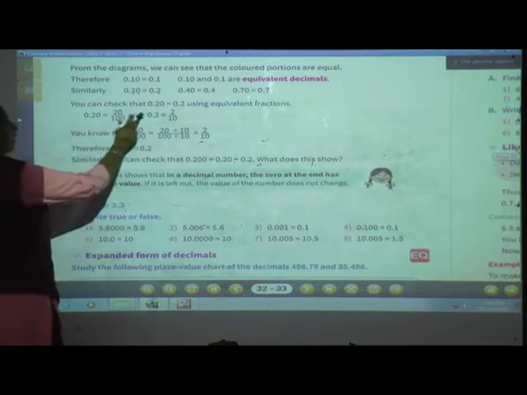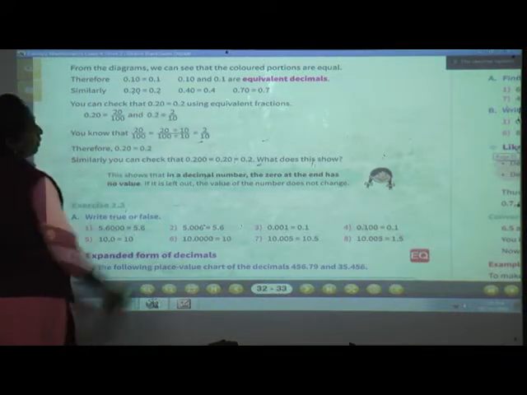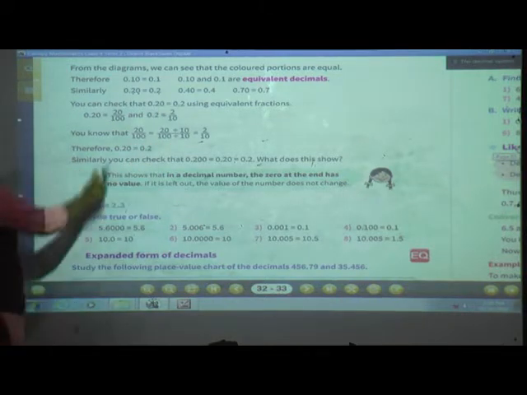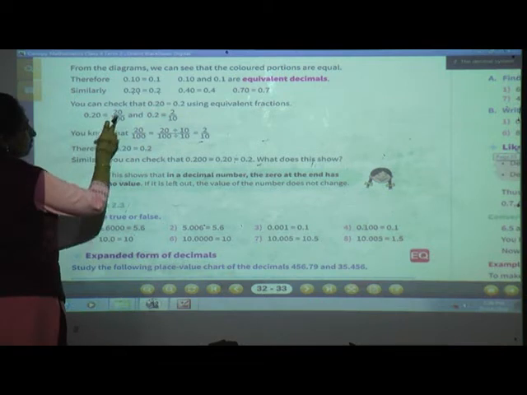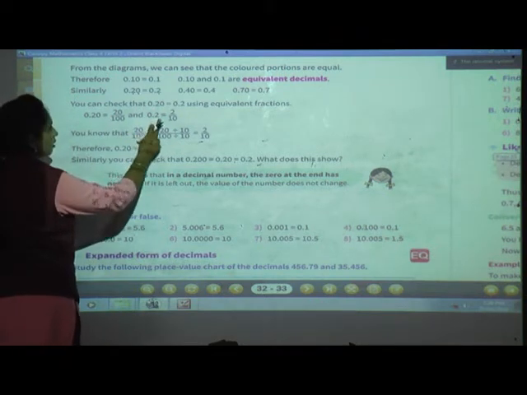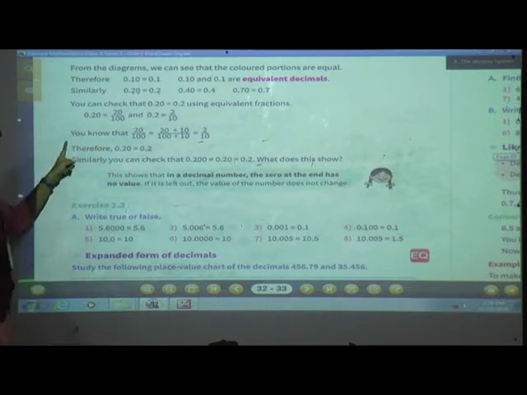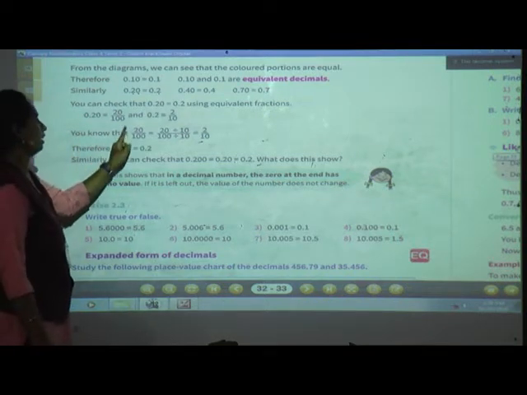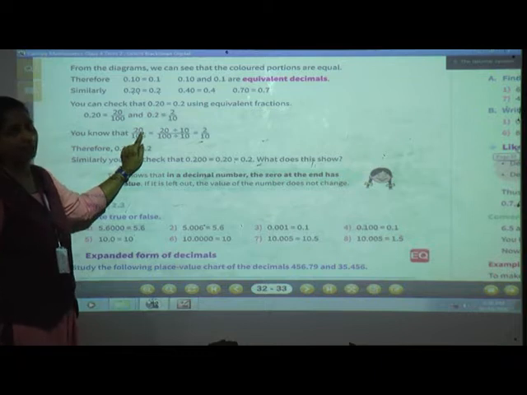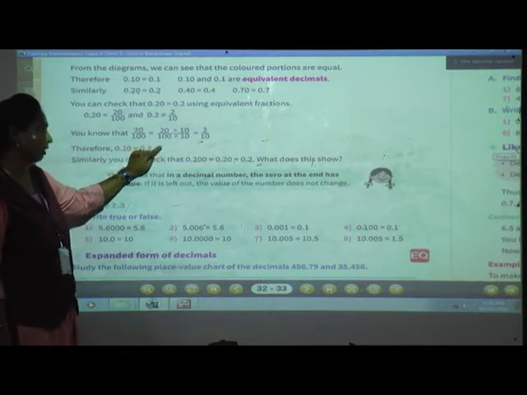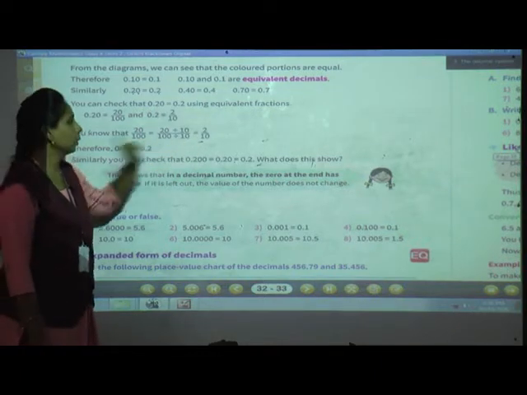So you can check 0.20 and 0.2 using equivalent fractions. See, 0.20 means what? 20 upon 100. 0.2 means what? 2 upon 10. So here you know that 20 upon 100, dividing 20 by 10 and 100 by 10, we get 2 by 10.